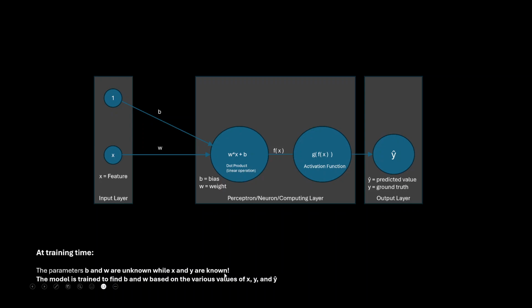Basically, we have a set of input data and corresponding output data. We run the training process on this perceptron iteratively, repeatedly, until we find the best value of B, the bias, and W, the weight, that will give us the best relationship between the output and the input.